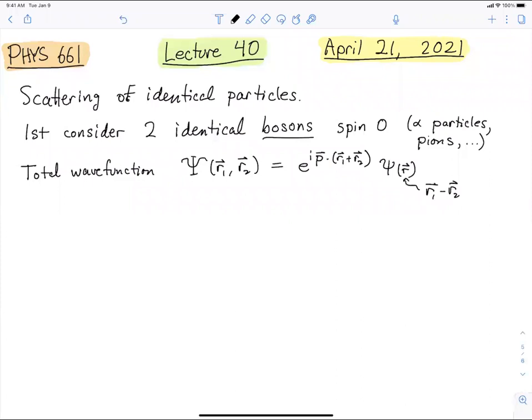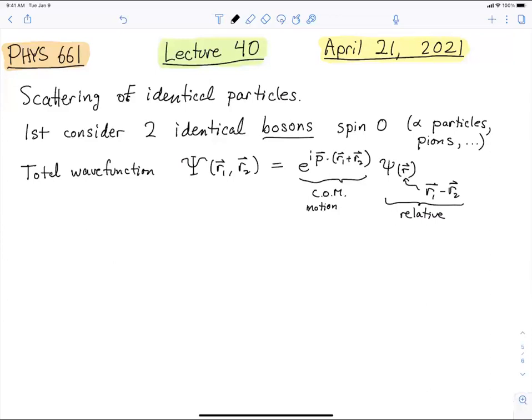Okay, and if our Hamiltonian is invariant under translations, then this part right here is just describing the overall motion of the whole center of momentum. So that's the center of momentum motion, which is just a plane wave. And then the other part of the wave function here is the relative motion of the two particles.